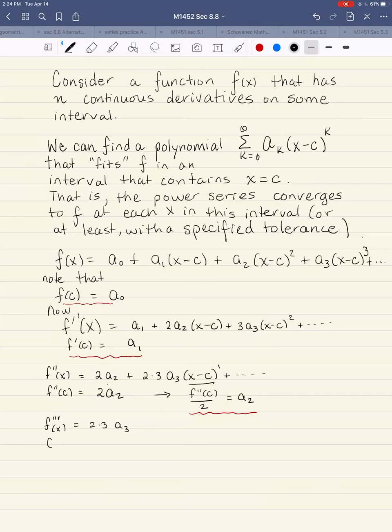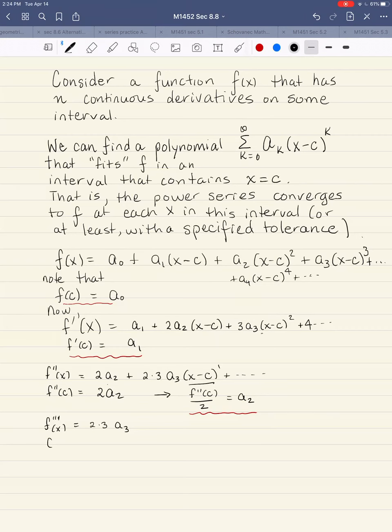Maybe I should put another term out here, plus a4 times x minus c to the fourth.